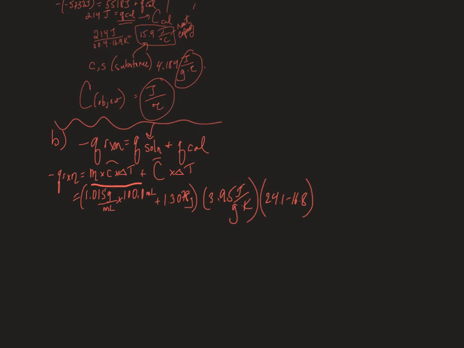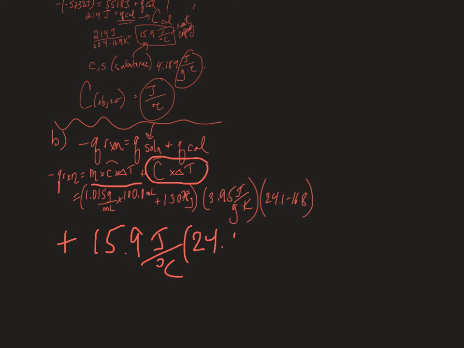And rather than moving to the right, I'm now going to do this portion of the calculation here. We're going to take the heat capacity that we solved for above, 15.9 joules per degree Celsius, and multiply by that same temperature range, 24.1 minus 16.8.